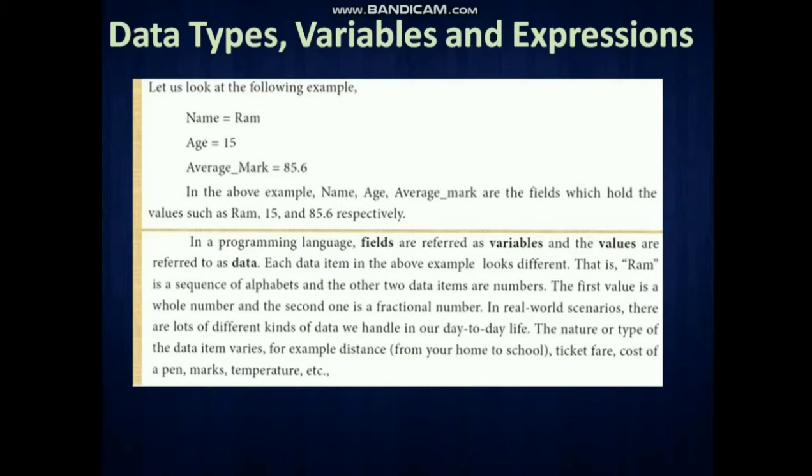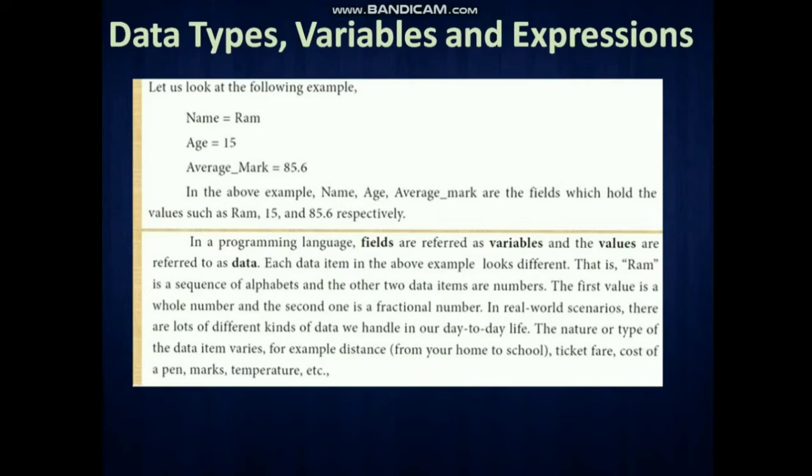Next, age is an integer value, a whole number. 15 is the whole number we assign to age. The third one is a fractional number, 85.6, which is given to average mark, the average of the total marks.